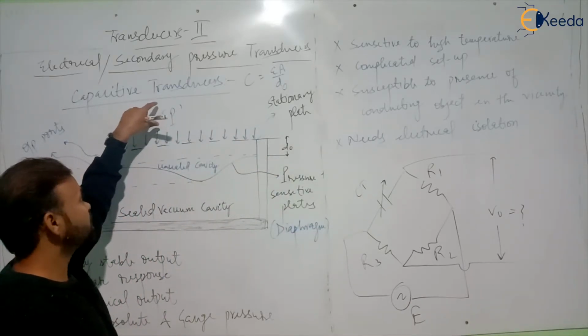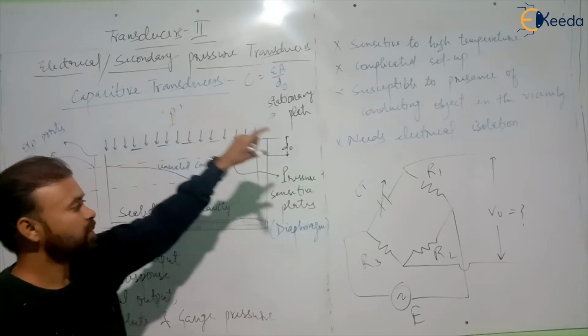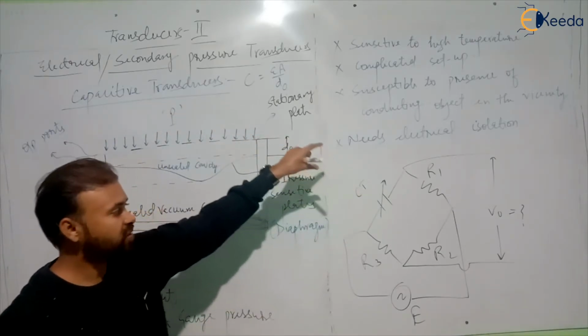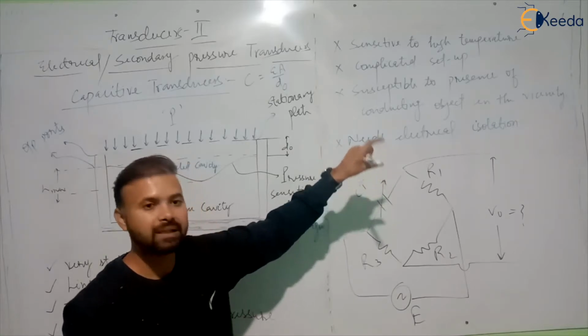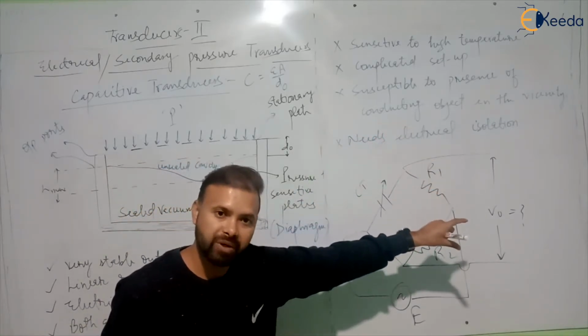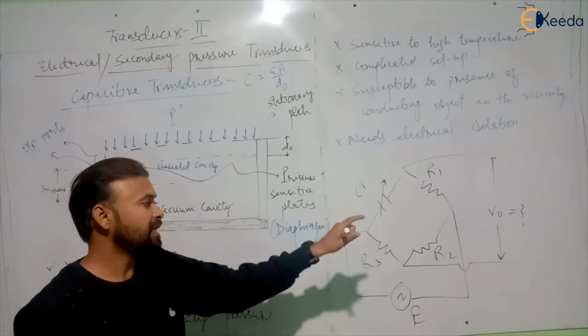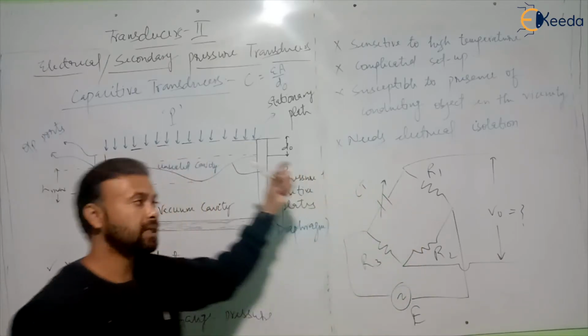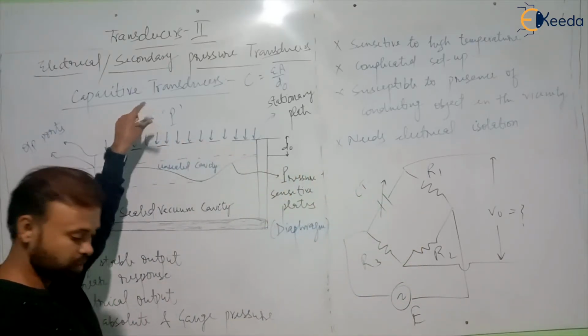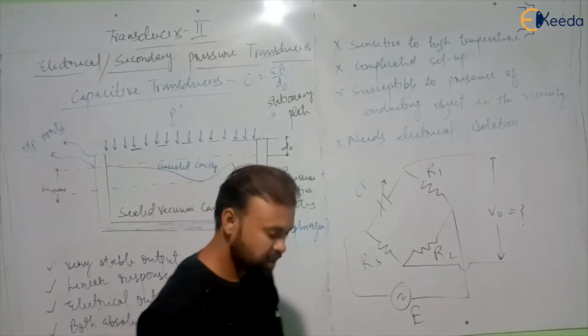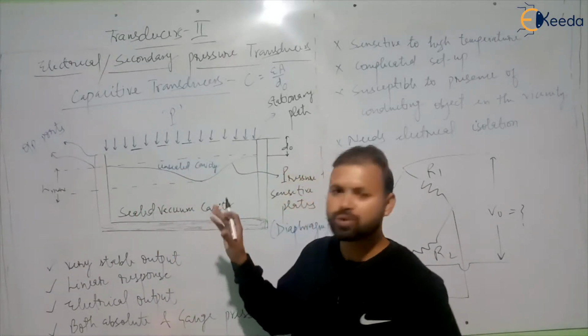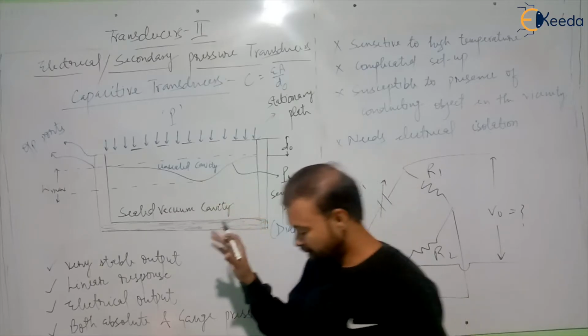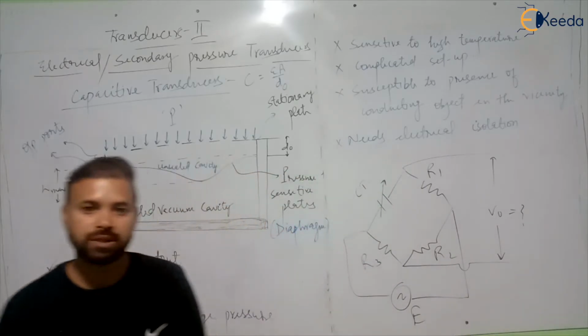So if pressure is being changed, capacitance value will be changed, and then your output voltage will be changed. So you can directly calibrate voltage in terms of pressure. This is one of the capacitive transducers; there may be many more possible.